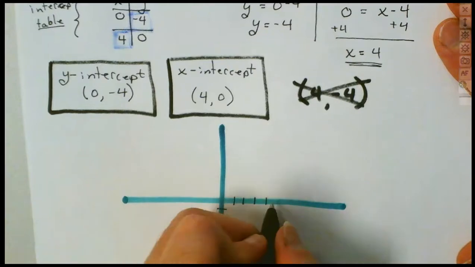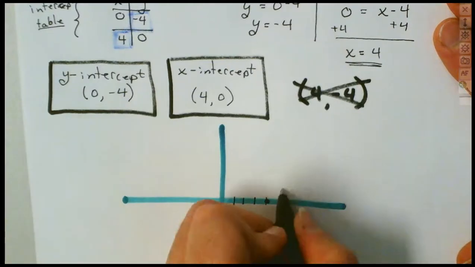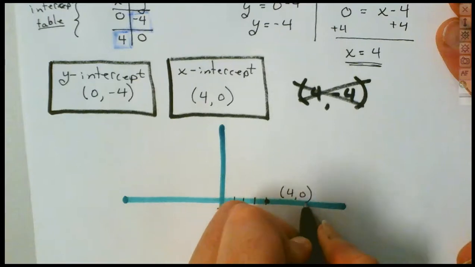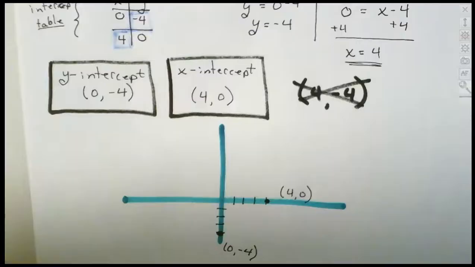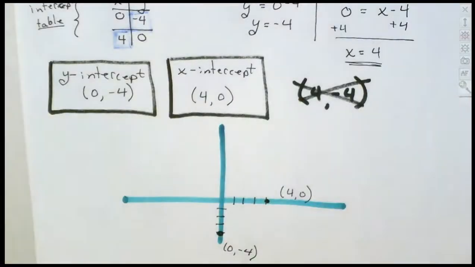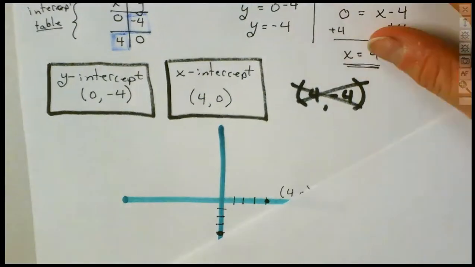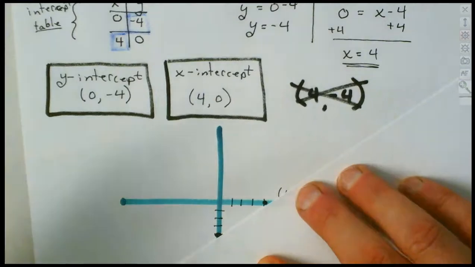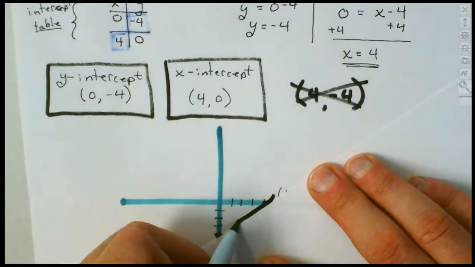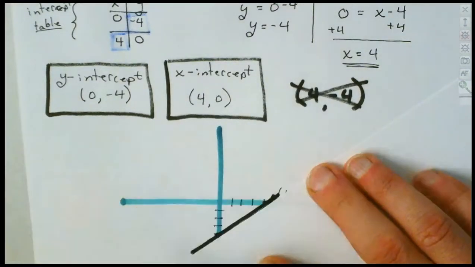So that's at 4, 0, which is right here. We now can connect them together. And we've got our line. So pretty simple to do these. They're not difficult. Just watch your signs when you plug the values in.